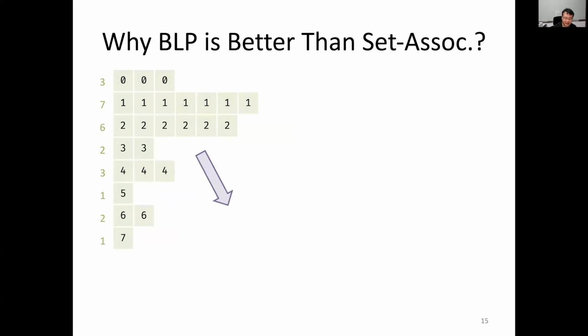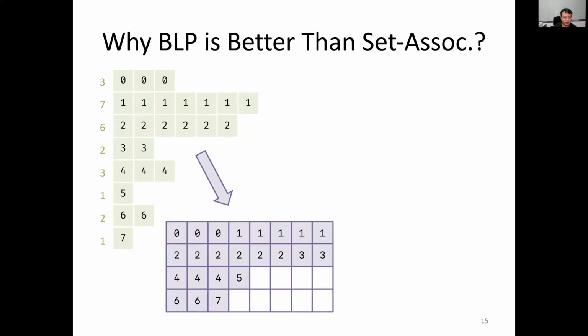To understand this question, I drew you an example on the slide. Each row represents a bucket in the cache, in the 4-way set-associative cache. If we simply use an 8-way set-associative cache, what we can see is that only bucket 2 and bucket 3 can store in the new bucket 1, right?